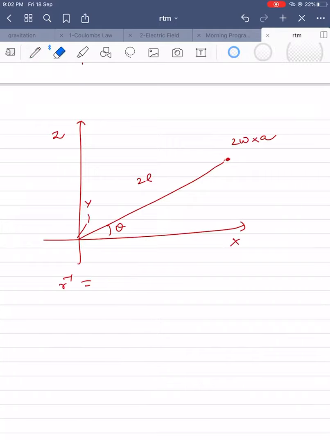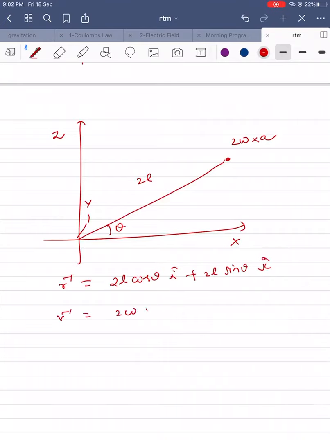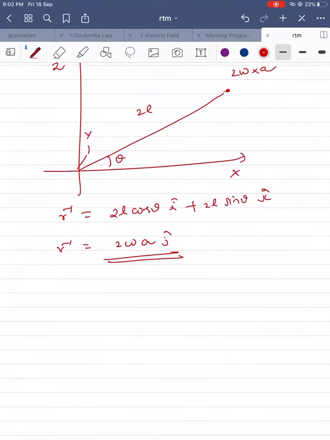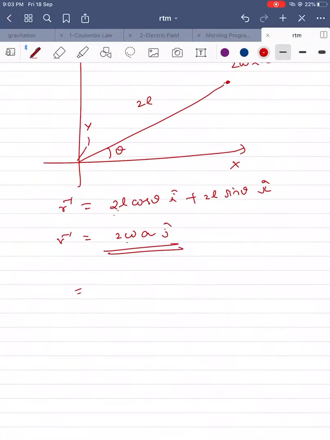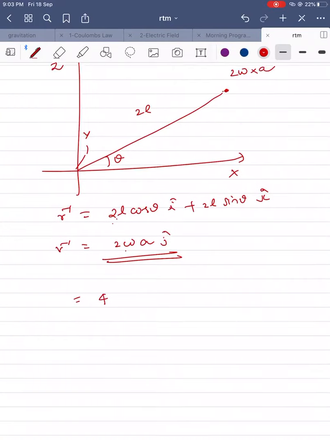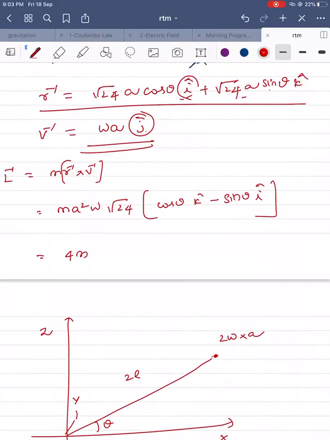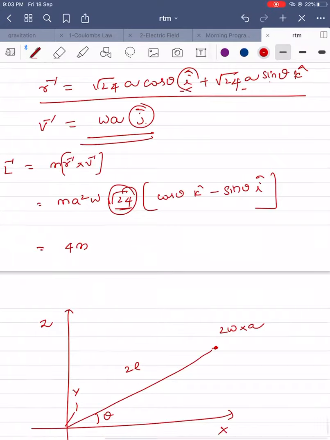R bar is equal to 2L cos theta i cap plus 2L sin theta k cap, and V bar is equal to 2 omega into a j cap. Now the same expressions, but the constant is changed here: 2 into 2 is 4. Instead of here, what is the value we got? Root 24 we got. L is nothing but root 24.